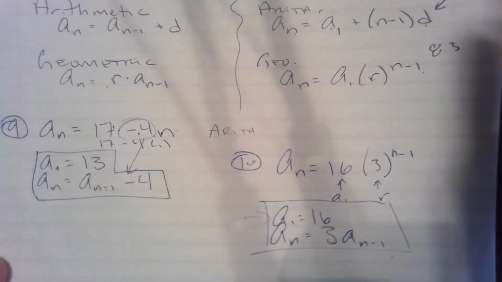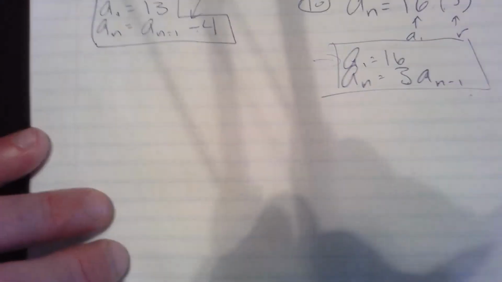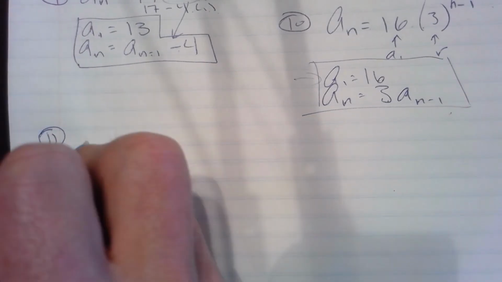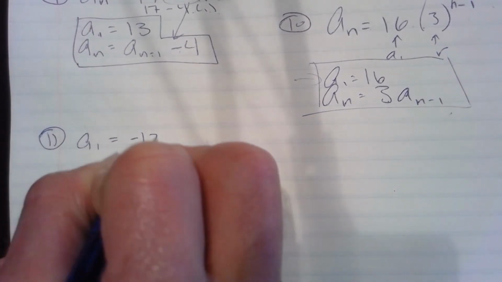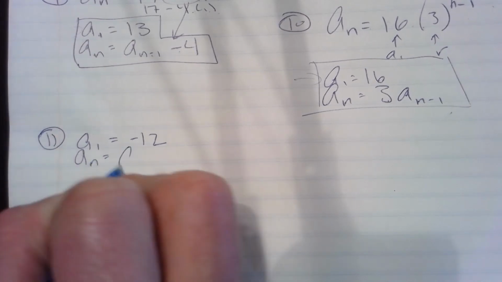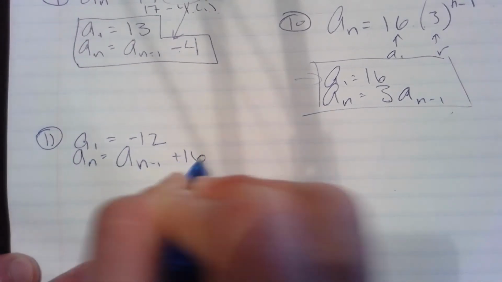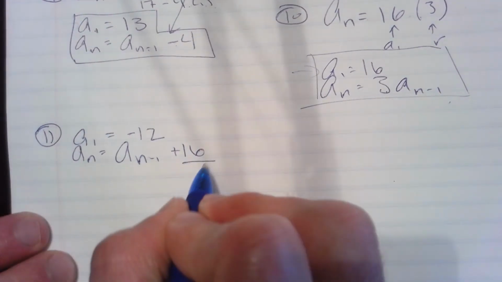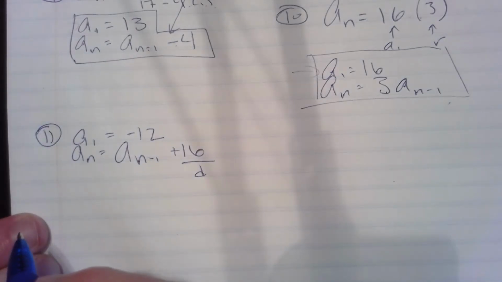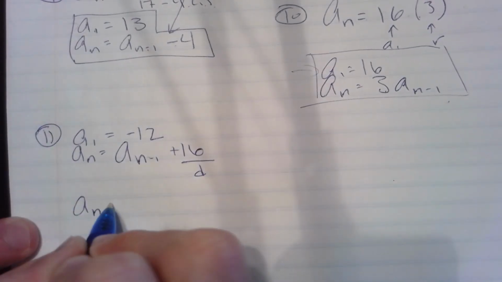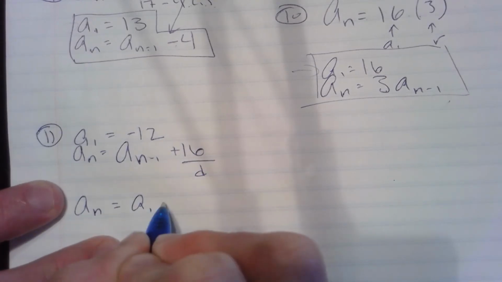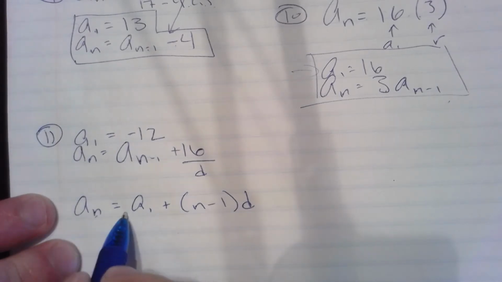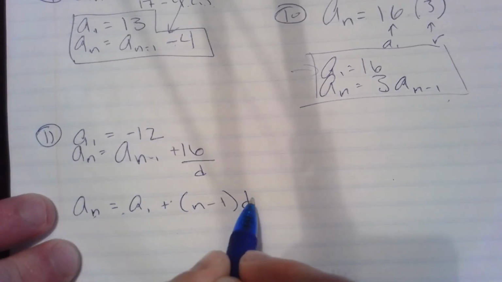Now, can we go backwards? Can we write an explicit rule for a recursive rule such as the first term is negative 12, and the next term is the previous term plus 16? I know that this is my common difference. And I know that the explicit rule for an arithmetic formula is the nth term is the first term plus n minus 1 times the common difference.